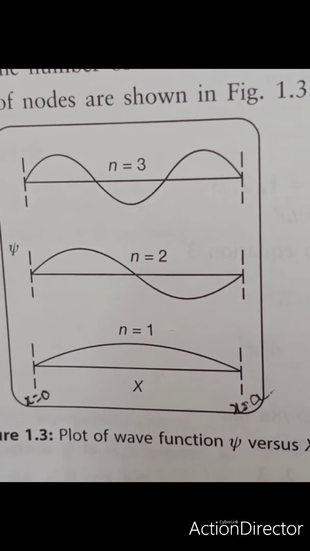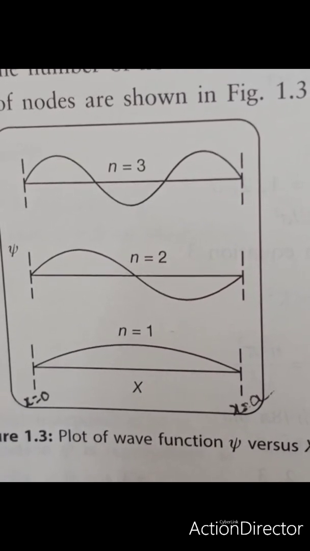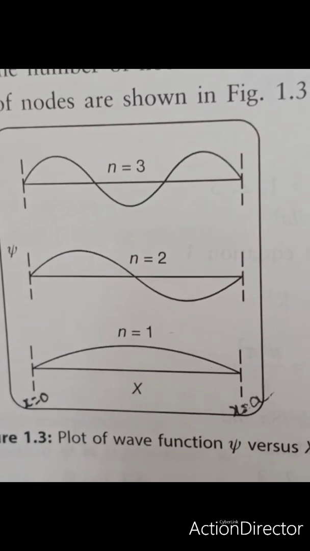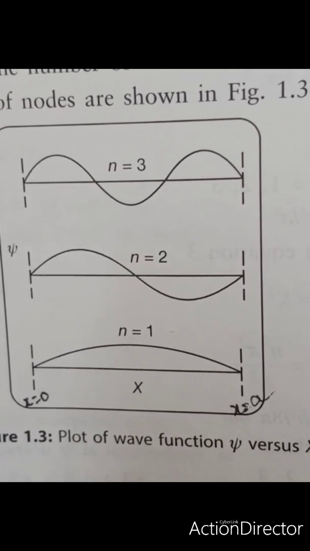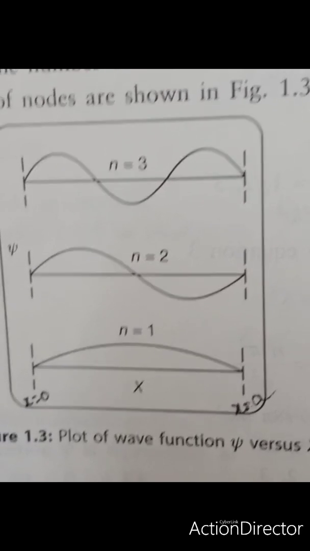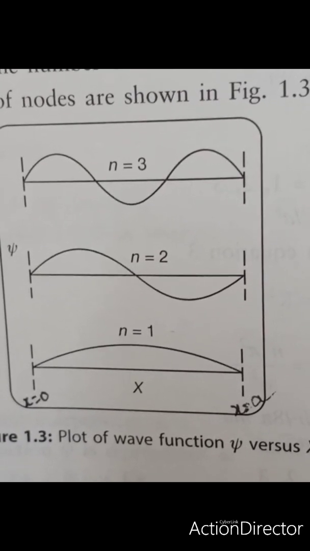Since we have the value of psi, that is A sine n pi x upon a, and we have the value of E, that is n square h square upon 8 m a square, the normalized solution for the Schrödinger wave equation comes to be root 2 upon a, sine n pi x upon a.